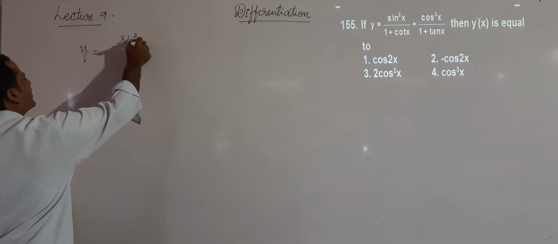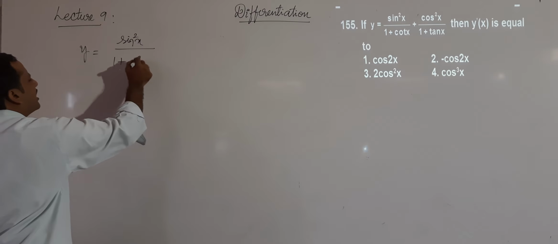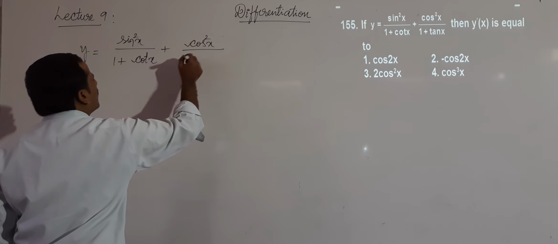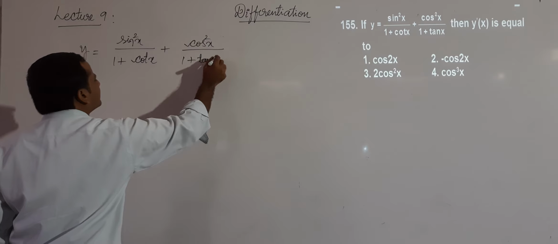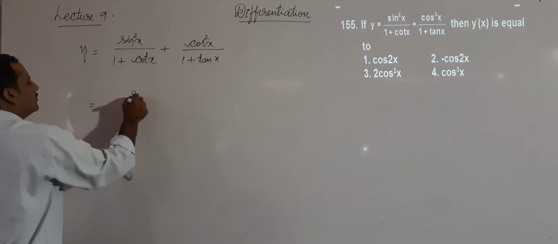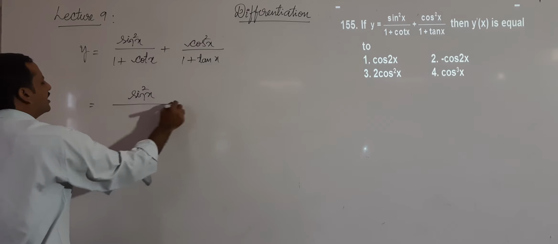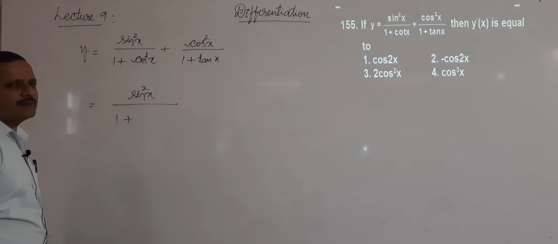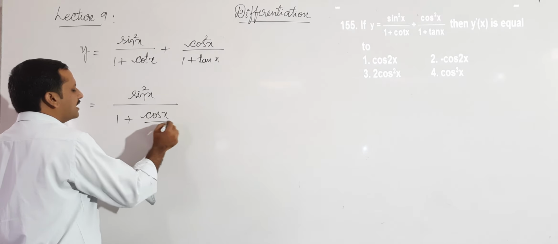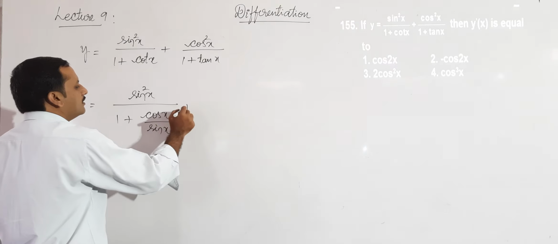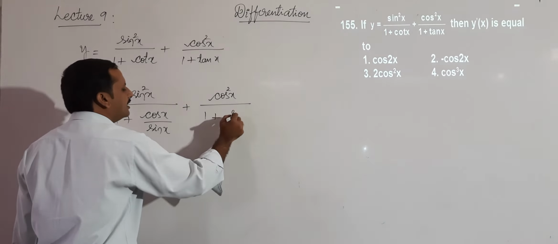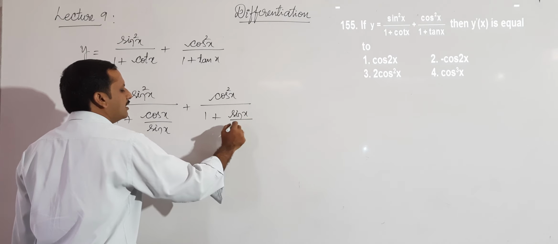Sin square x divided by 1 plus cot x plus cos square x divided by 1 plus tan x. Okay, that's equal. Sin square x divided by 1 plus, cot x I'll write as cos x by sin x. Similarly, here tan x I will write as sin x by cos x.